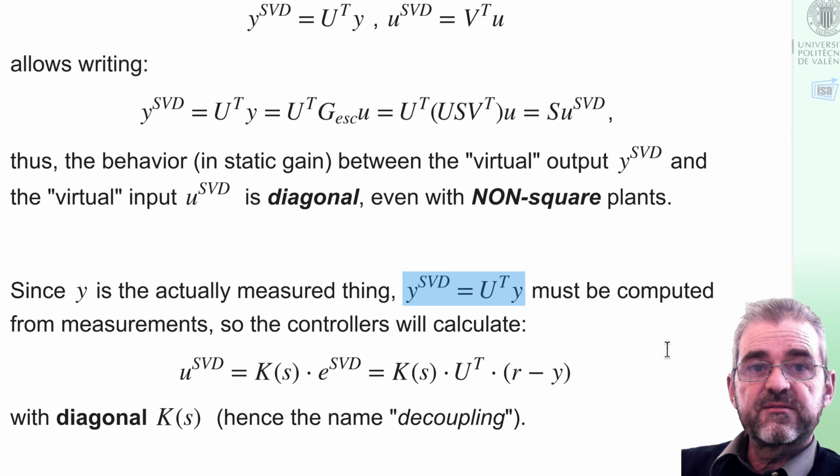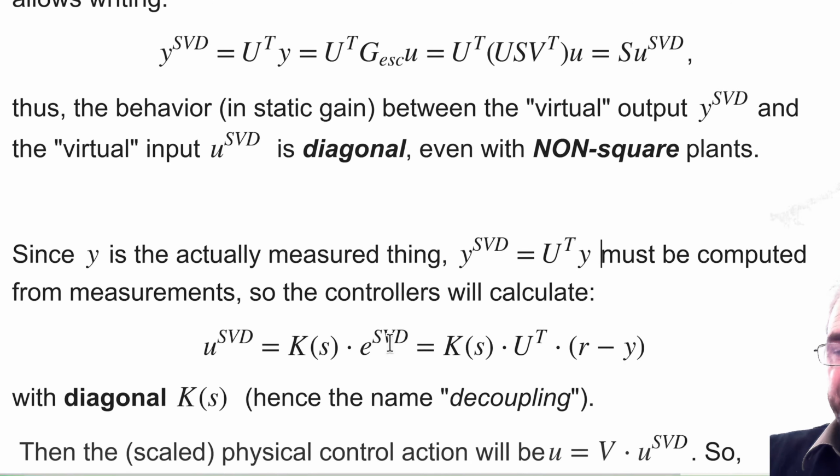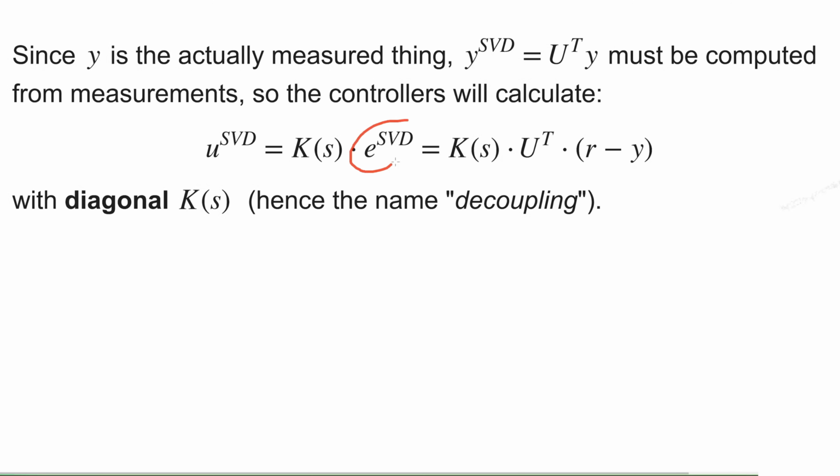From my sensors' actual readings Y, I will compute YSVD with this U transposed. Well, in fact, if we have a set point, then I will compute the error in principal maneuver coordinates by multiplying by U transposed.